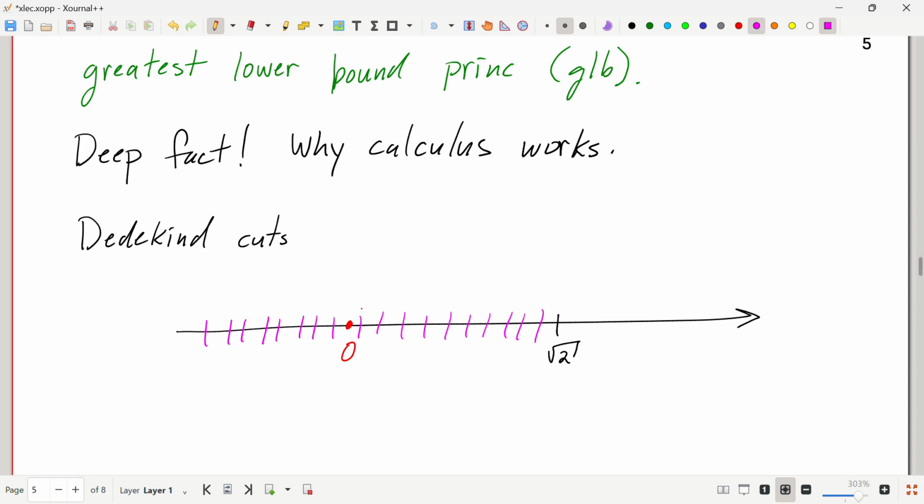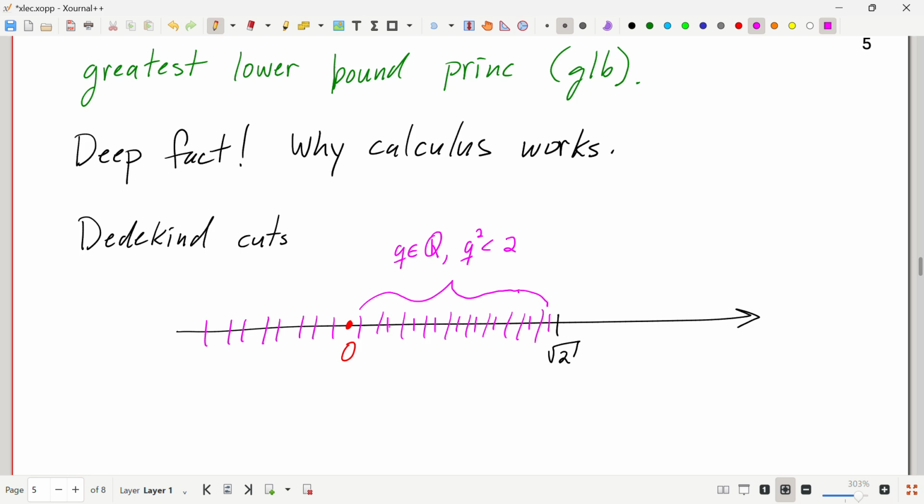These q's that are positive are the q, which are rational numbers, such that q squared is less than 2. Okay? There's gobs of them. They're dense. They're not everything, but they're dense.